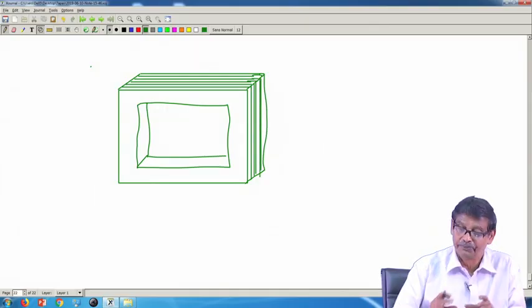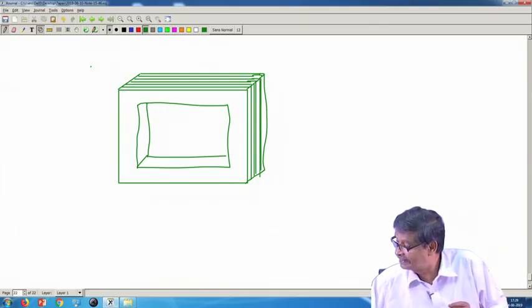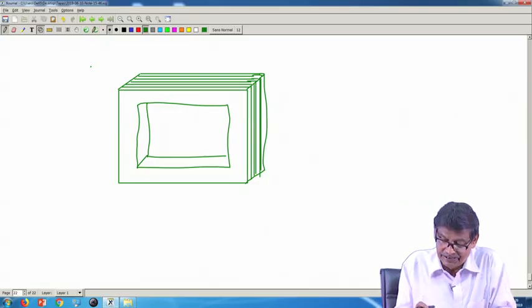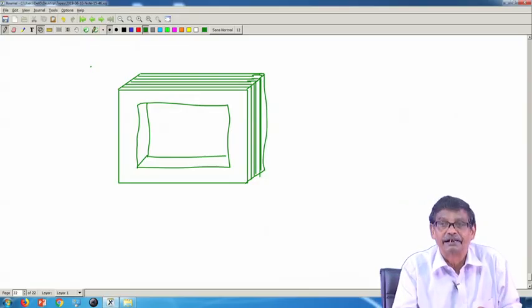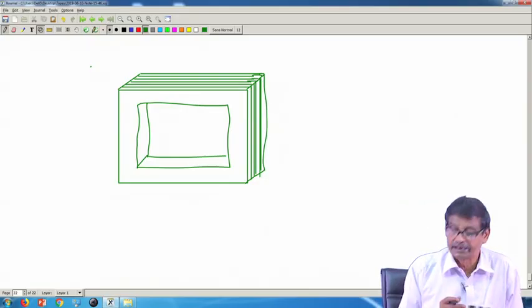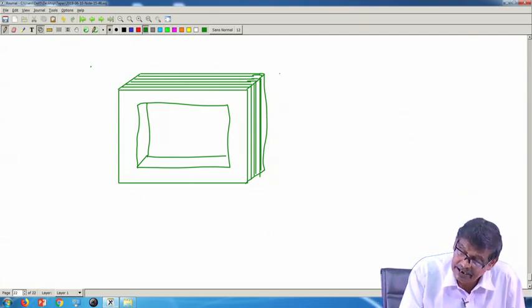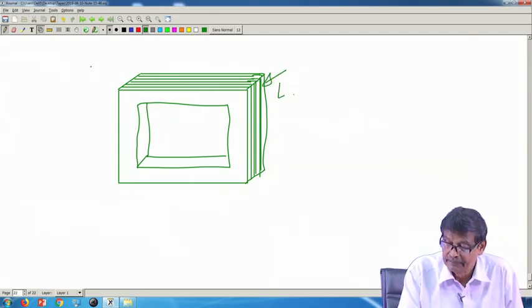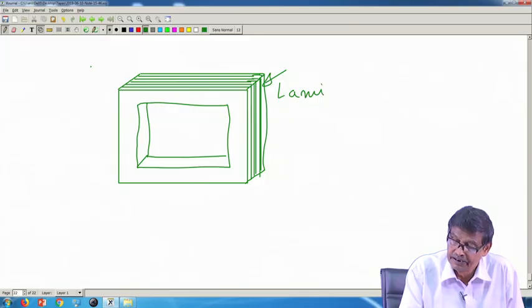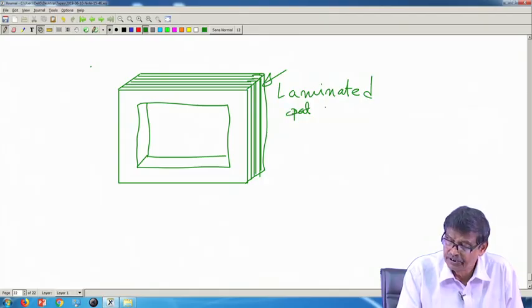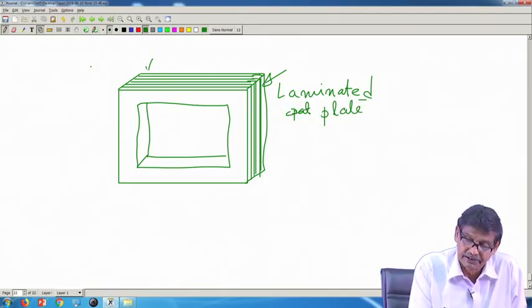So, many plates like this, you stack them together and try to form a core material like this. These are also called laminated plates. Use laminated plates. In short, it is called laminations, each plate, laminations.